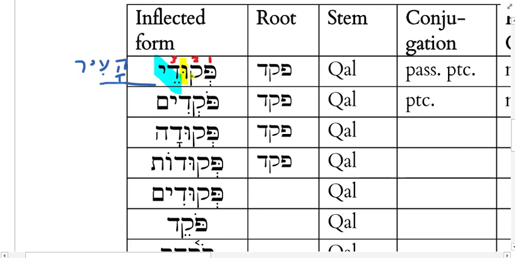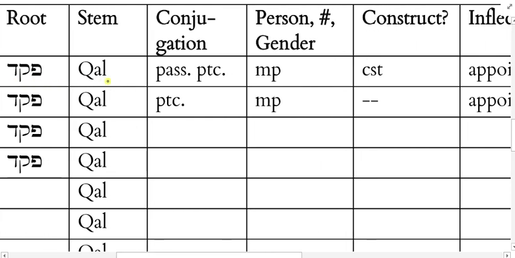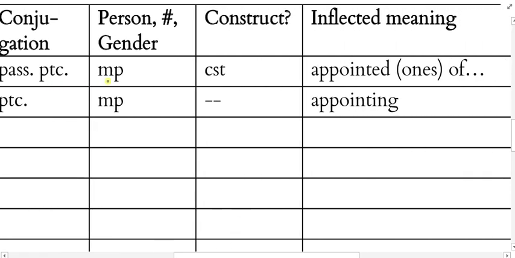The appointed ones, or the appointed men, because it's masculine plural, we could assume it's male, right? The appointed ones or the appointed men of the city. And so we don't have that of the city there, and since we don't know whether it's going to be definite or not, you could put the in parentheses here. The, meaning we don't know. It could be definite, it could be indefinite. The appointed ones of some place or people.